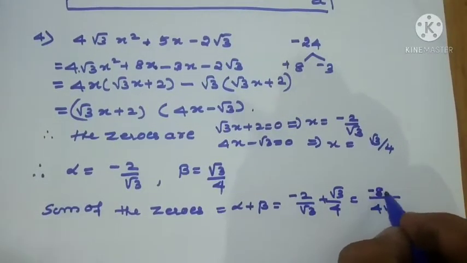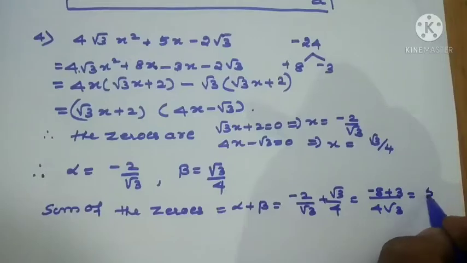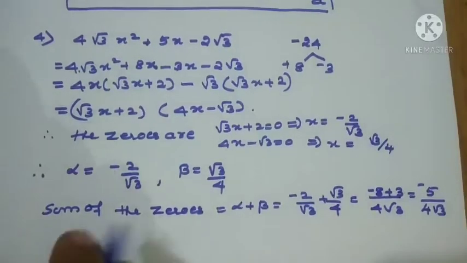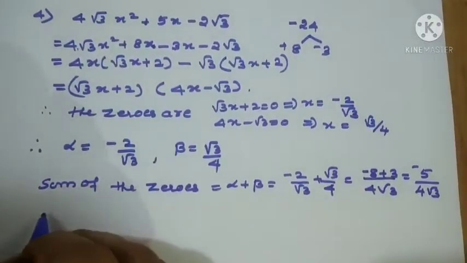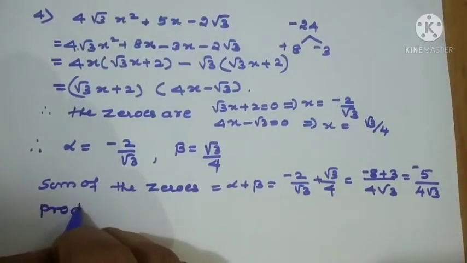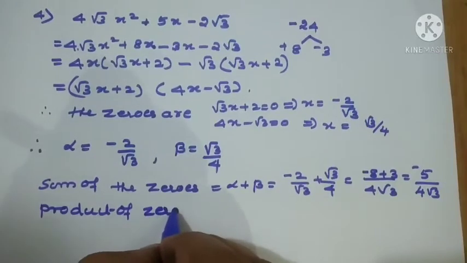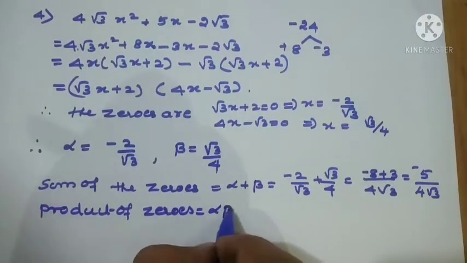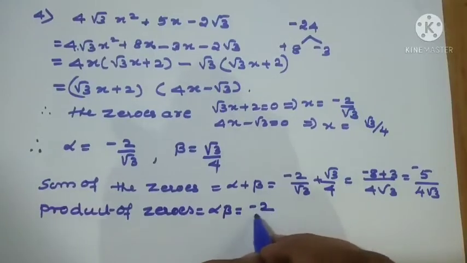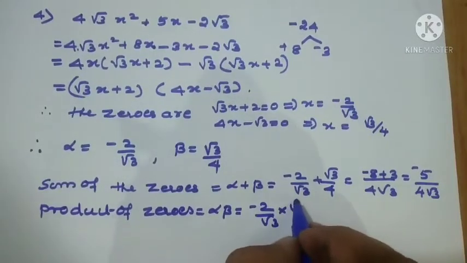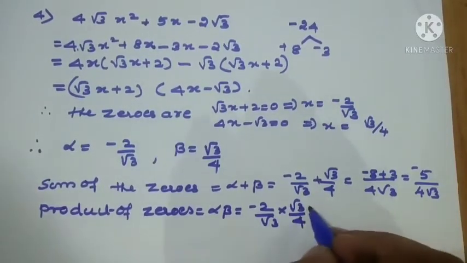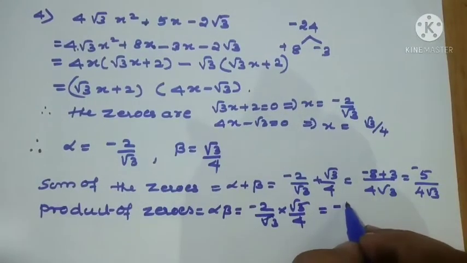So minus 8 plus 3, which is equal to minus 5 by 4 root 3. Now what is the next step? Product of the zeros. Alpha into beta, minus 2 by root 3 into root 3 by 4, minus 1 by 2.